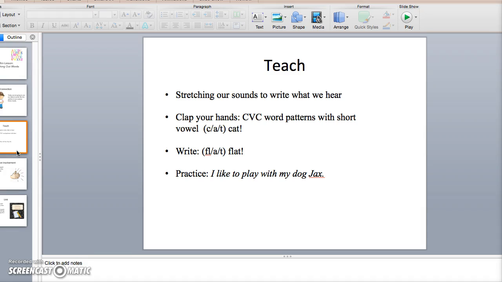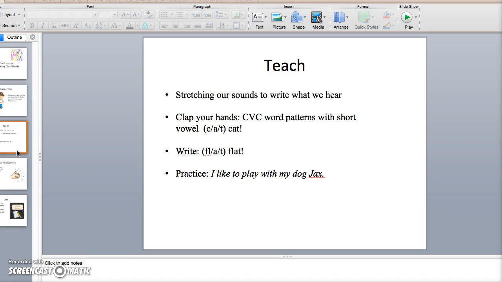I like to play with my dog is our next word. Dog is also a CVC word pattern, so it is consonant, vowel, consonant. So I'm going to sound it out. Duh, ah, duh. So I hear three sounds. The first sound I hear is duh. I know that D makes duh, so I'm going to write D. Short vowel O. G, and G makes G. So I like to play with my dog, Jax.